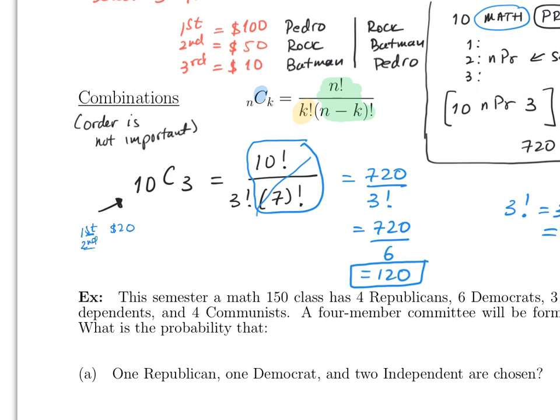Whoever gets selected second will also get $20. And whoever gets selected third will also get $20. So everybody gets the same thing. So therefore the probability that you will select Pedro, Rock, and Batman will be just 1 over 120. And that will be it.